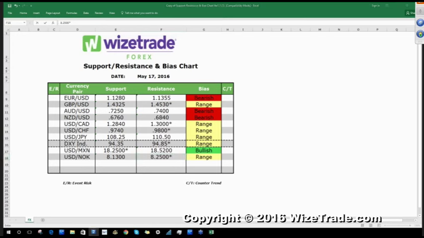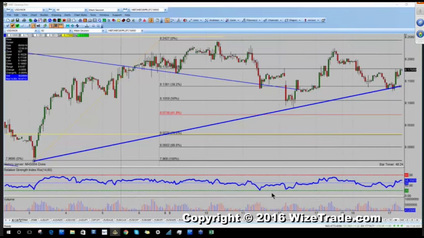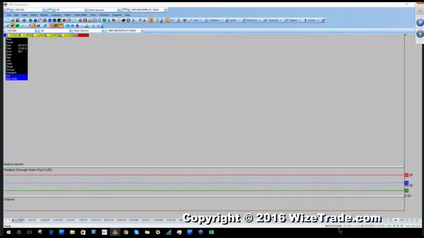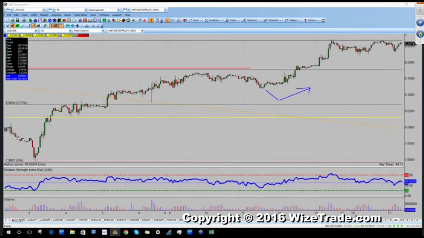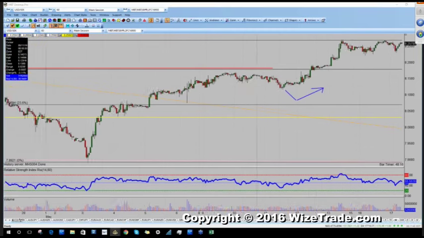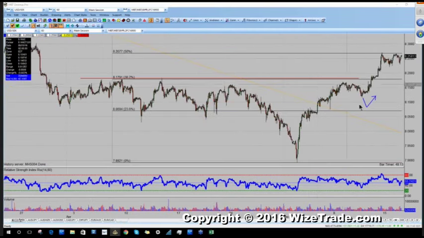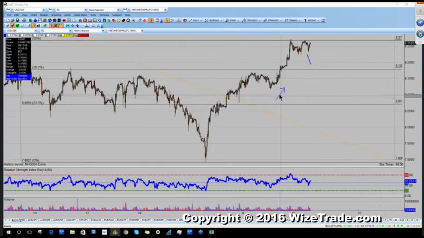All right, we're going to take a look at the Swedish krona. Now, this is one currency pair I wish I would have bought, and I just didn't. I wanted to buy a dip to 8.18, not this one. I wanted to buy a dip over here to 8.18.